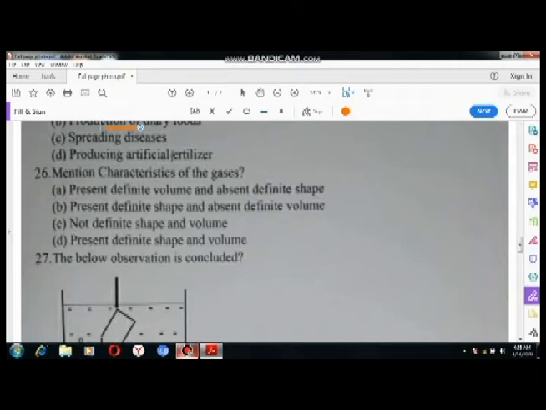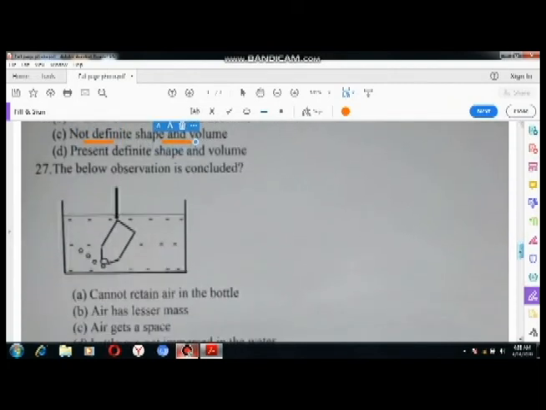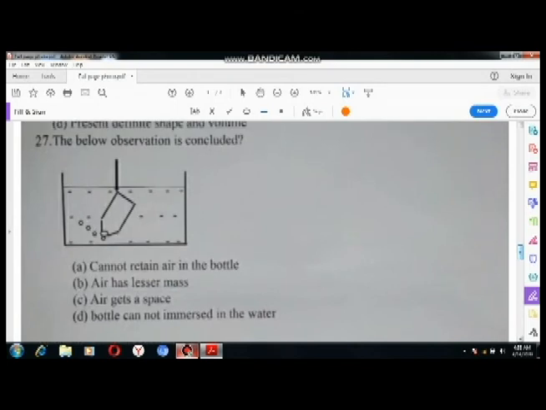Gases have no definite shape and no definite volume. So the characteristic of gases is no definite shape and volume. Answer C. The observation below is concluded: air takes up space. Answer C.